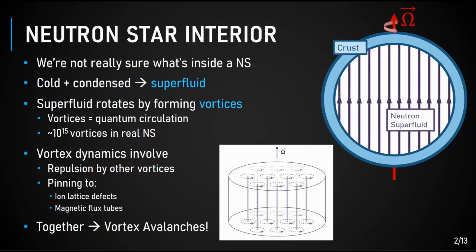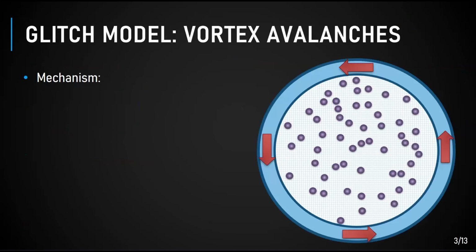So let me take you through how a vortex avalanche causes a pulsar glitch. So we start with this sort of top view of a neutron star, where you've got the crust rotating and the superfluid also rotating with these dots representing fluid.